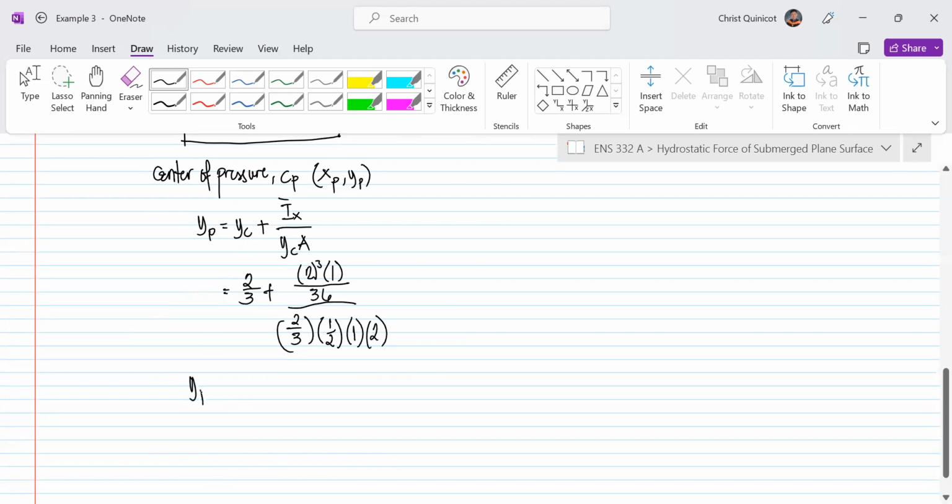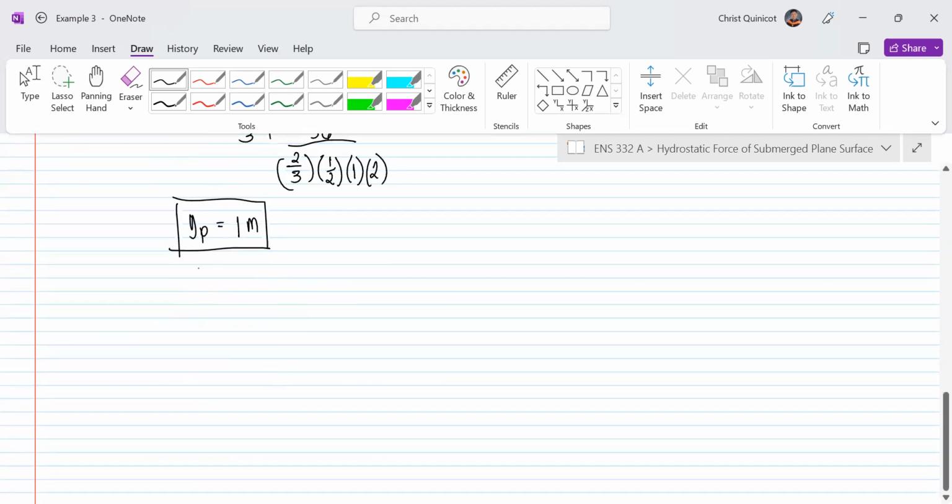So our y sub p is equal to 2 cube times 1 divided by 36, which is 0.2 repeating, divided by 2/3 times 1, which is 0.3 repeating, plus 2/3, that is 1 meter from, of course, the surface.